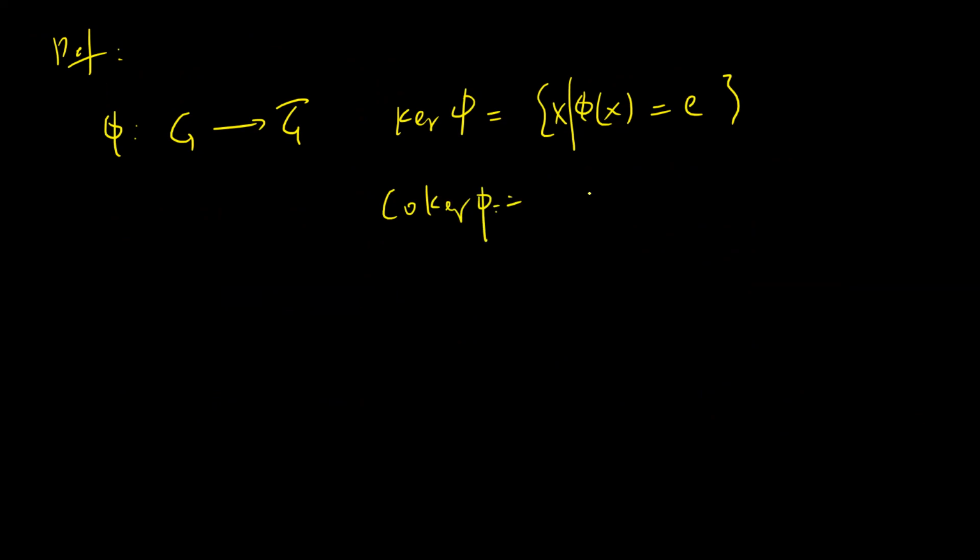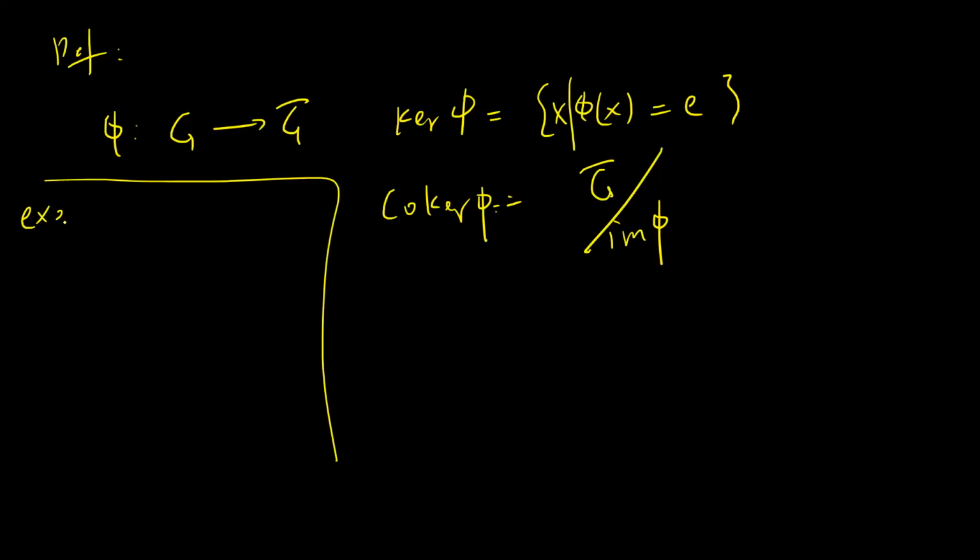Cokernel means G bar quotient the image of phi. So a simple exercise for you to check is that the kernel will be a normal subgroup of G, and the image will be a subgroup of G bar. So the kernel must be a normal subgroup. This is trivial.